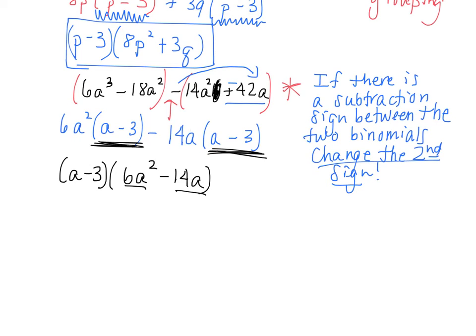And if I look up at the top, I could have pulled out a 2a from there, as well as from here. Our GCF should have been 2a. I'm pulling 2a out of this binomial. That's going to leave me with a 3a minus 7, and I still have my a minus 3.